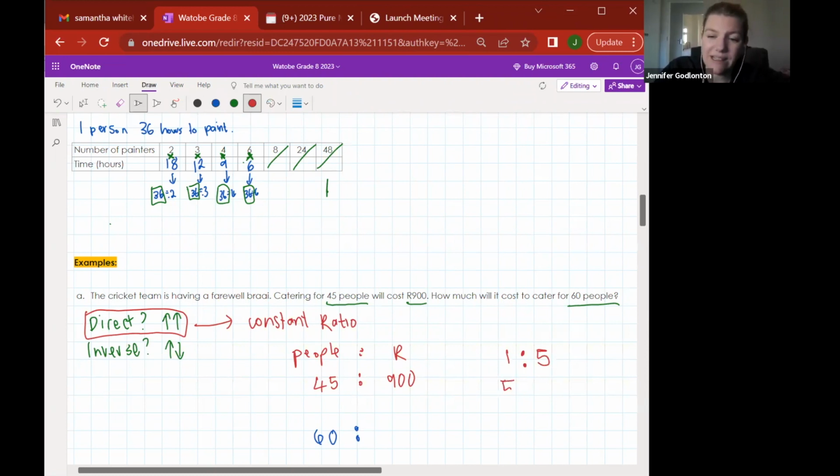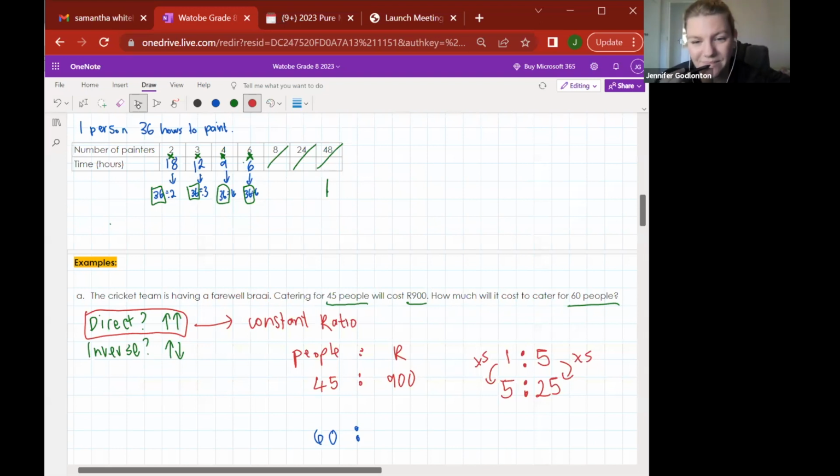And then if I said that this number was 5, then this number would be 25, because I have times that by 5 and I've times that by 5. Okay, that's an example of a ratio. So think about that with the answers. I'm going to give you one more minute, and then I'll show you two different ways you could do this.